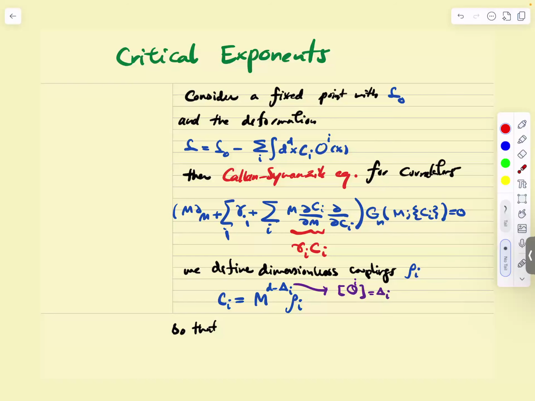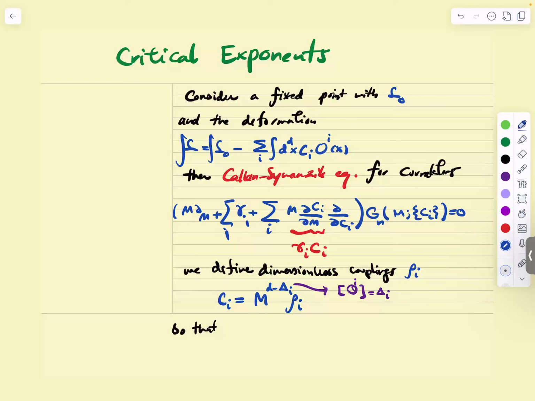The way to deal with it is to take out the dimensionality of it. It will go like M to the power of d minus delta_i, right? Delta_i is the dimensionality of this guy. Why? Because this should be integrated against d, should have the Lagrangian density. Should be action, sorry, I wrote this poorly.